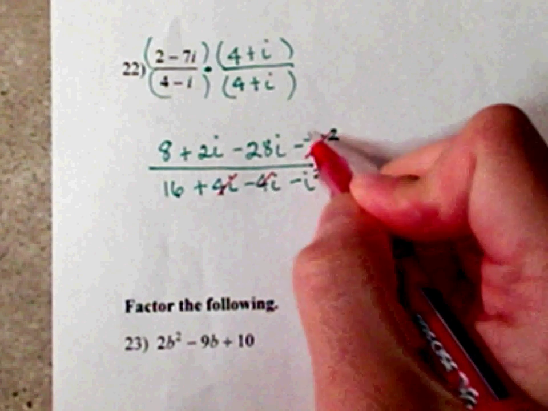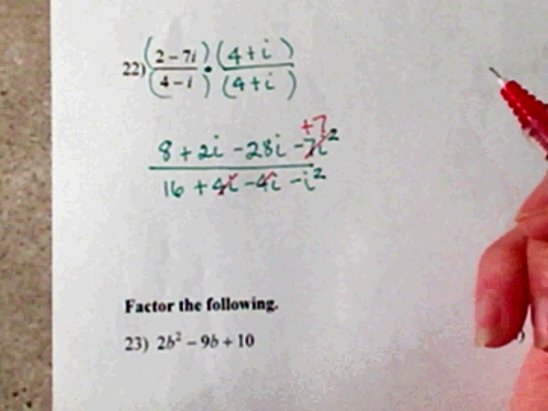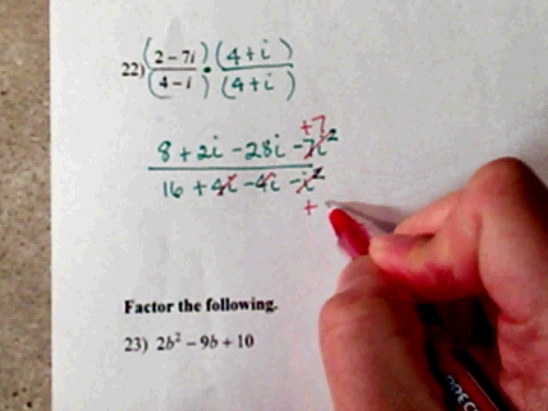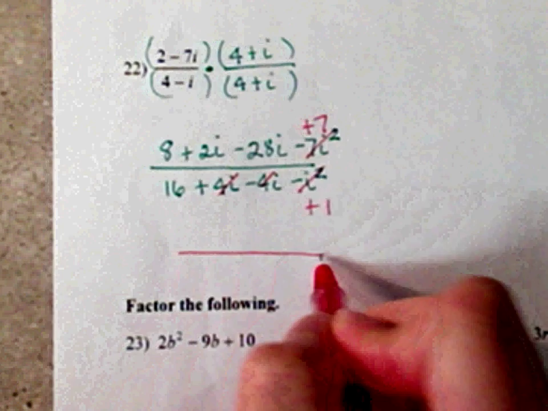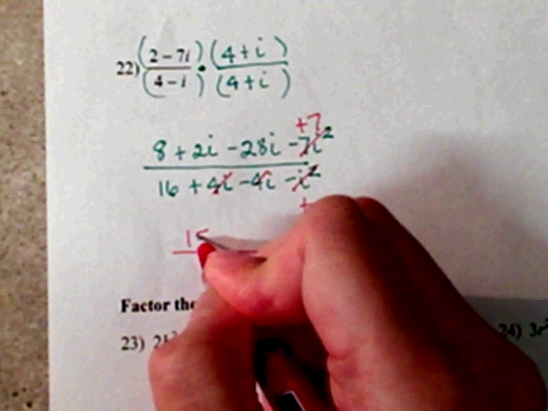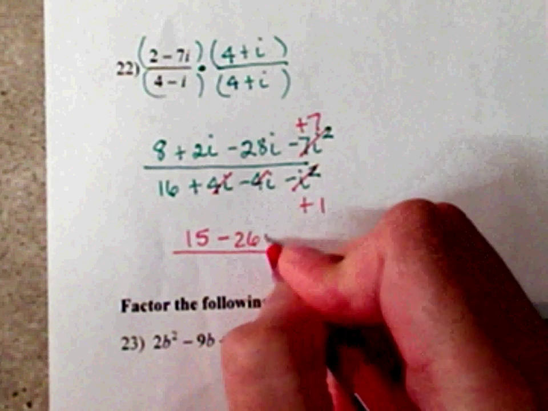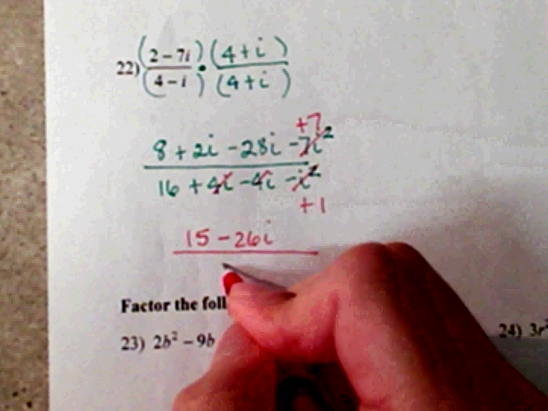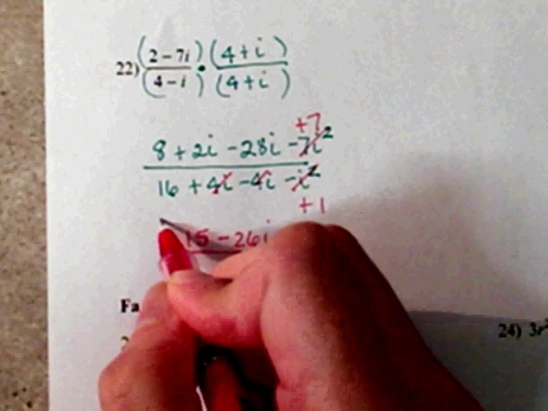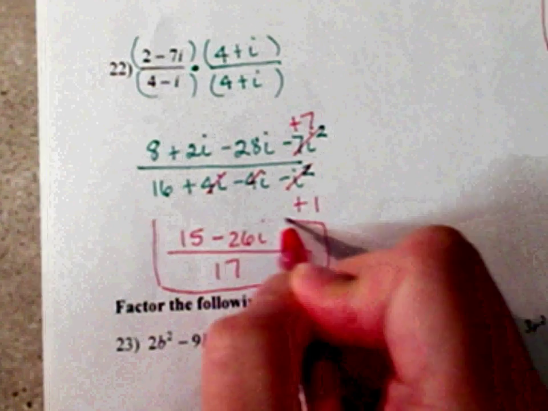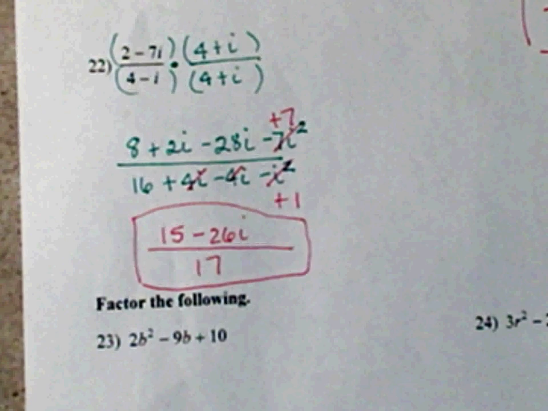This becomes a positive 7 because negative 7 times negative 1. And this becomes a positive 1. So now you have 8 plus 7, which is 15. 2i minus 28i is minus 26i. 16 plus 1 is 17. There's not any number that goes into them to simplify. So there's your final answer for number 22.